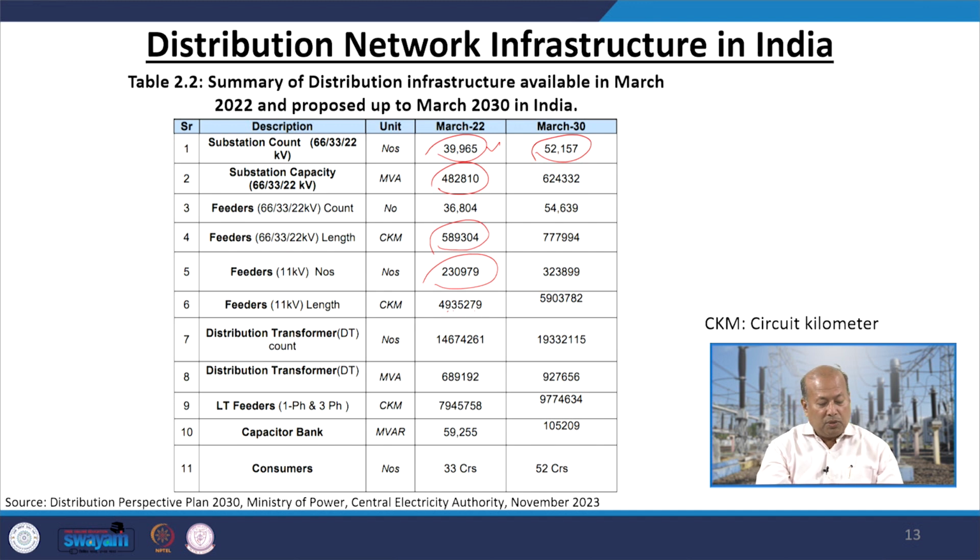Now moving to distribution transformers, it is again huge, close to 1.5 crores of distribution transformers, and the LT feeder circuit length, if you calculate, is going to be 80 lakh circuit kilometers of LT feeders, and 60,000 capacitor banks, and consumers finally 33 crores, which is very, very huge.